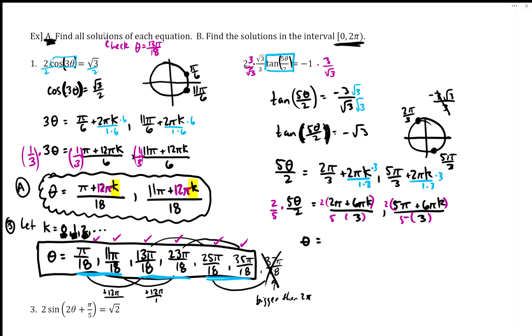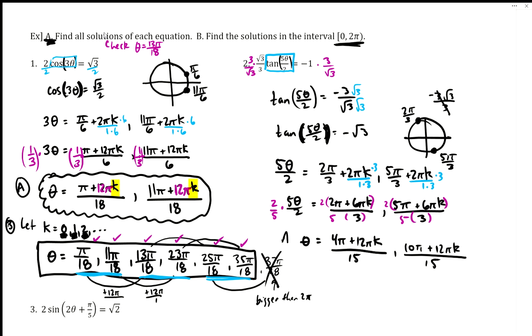And then in the numerator, that 2 would distribute. So we have 4 pi plus 12 pi k over 5 times 3 is 15, and then comma. Again, the 2 distributes: 10 pi plus 12 pi k over 15.